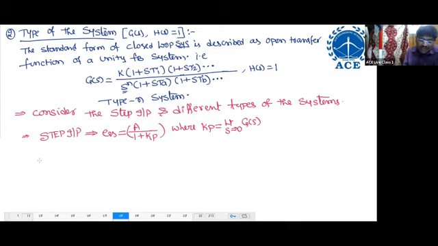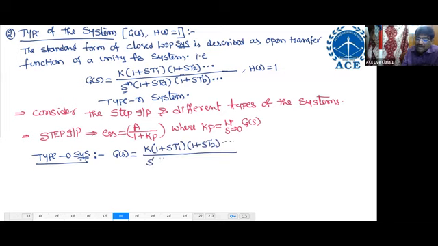Now take type 0 system first. Calculate Kp for type 0. What is G of S for type 0? Type 0 means n value 0. That means K into 1 plus S tau 1, 1 plus S tau 2, and so on, divided by S power 0 into 1 plus S tau A into 1 plus S tau B, and so on.